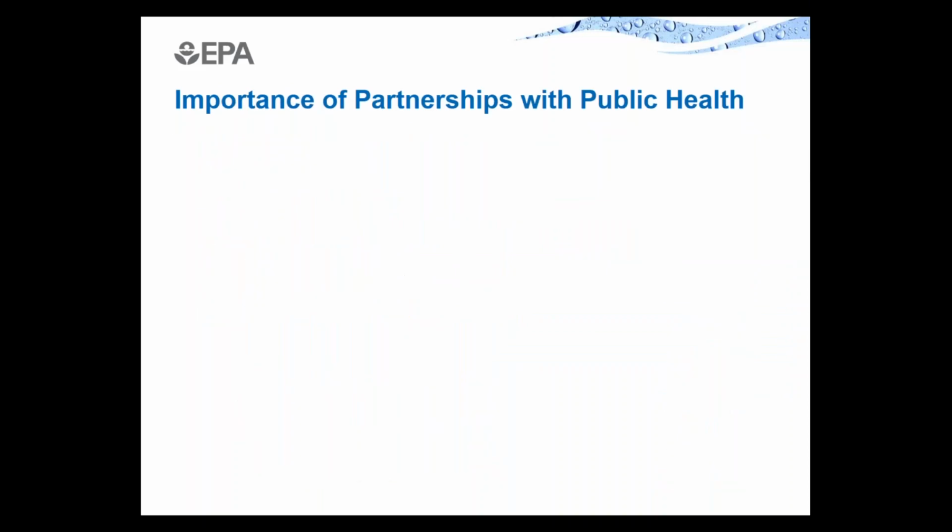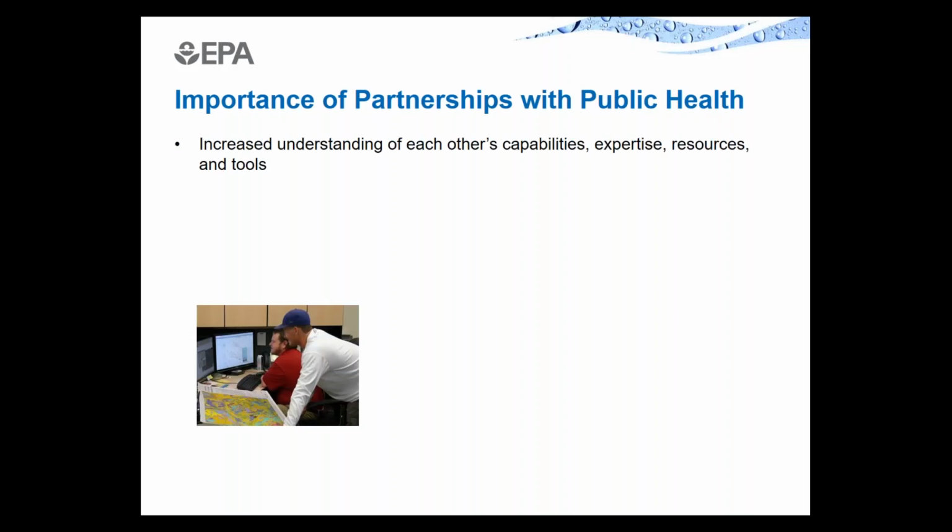So in summary, there are many good reasons and important reasons for utilities to form collaborative partnerships with their health departments and poison control centers. The first is simply increasing an understanding of each other's capabilities, expertise, and resources, as well as the authorities that, for example, the health departments have, and the responsibilities that the utility has during a water contamination incident.